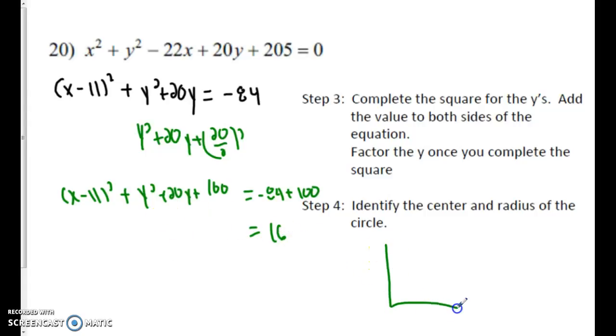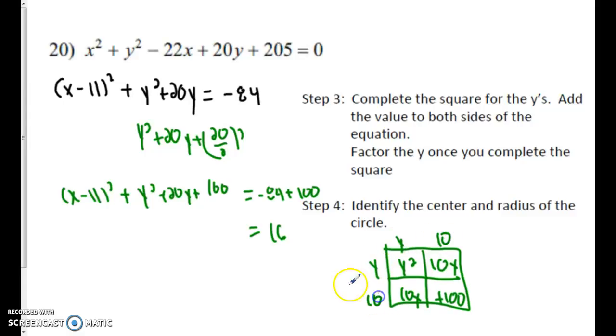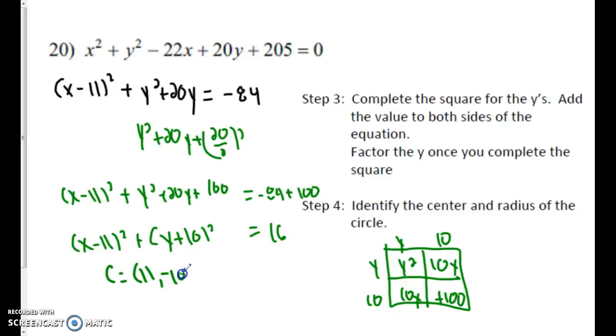If I factor out the right, do y squared, I have y squared plus 100. What gets me 100 but a sum of 20 is 10. So y, 10, 10, yeah, it works out. So I have y plus 10 squared, and then I have x minus 11 squared. So my center becomes 11, negative 10, and then my radius is 4.